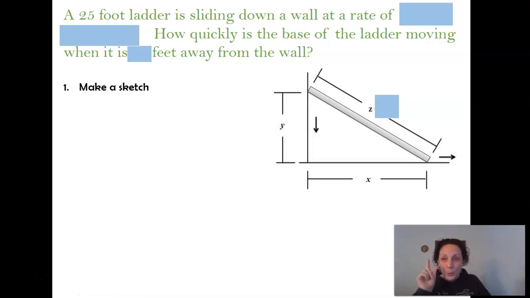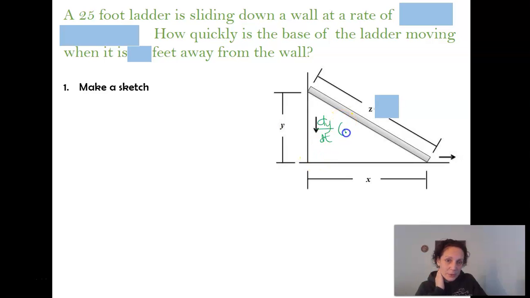Okay, so we're going to make a sketch, and when we make our sketch, we're going to label our variables, but we're also going to label our rates at which those variables are changing, and that's what those arrows are all about. Okay, so I have y, and that ladder is sliding down the wall. So this arrow is what I'm going to call dy dt, right? This is the rate at which y is changing. And it's important to notice that y is shrinking.